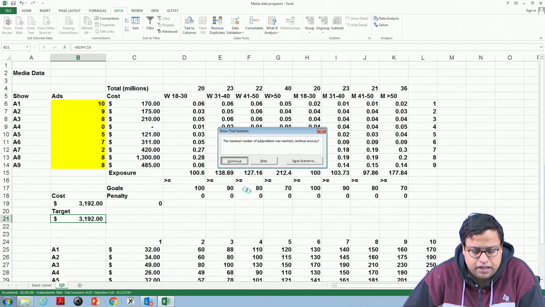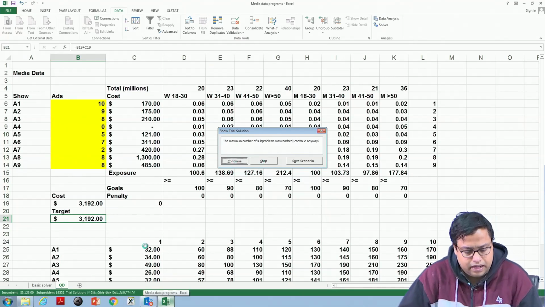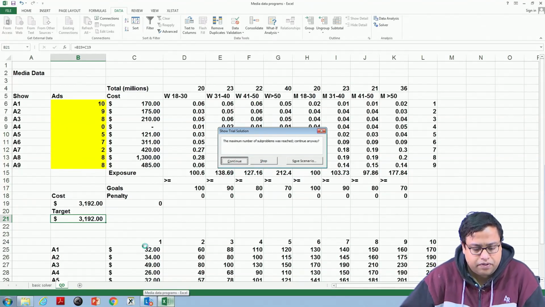I will continue further, let us see if it drops further or not. I have reached 3172, 3147. So, it is running right now, and I can probably stop at a later point in time.